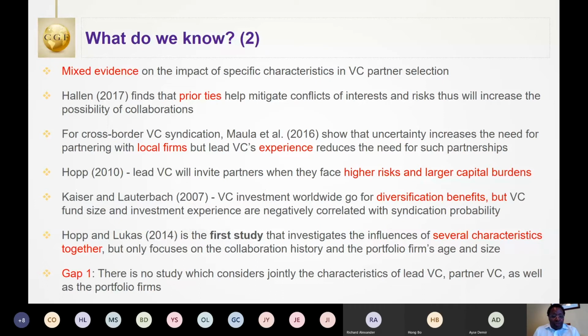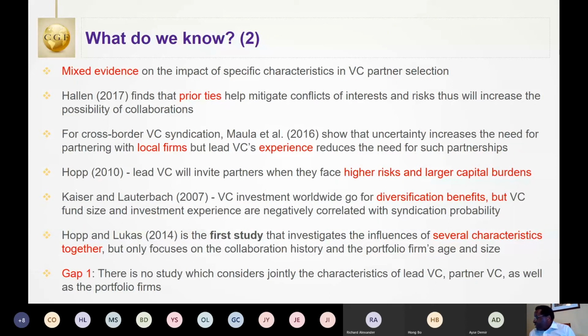In another extension, Copes and Lucas try for the first time to bring together a couple of these factors. They are the first study to capture several characteristics together. However, they capture only three characteristics. First, the collaboration history, just like prior ties.